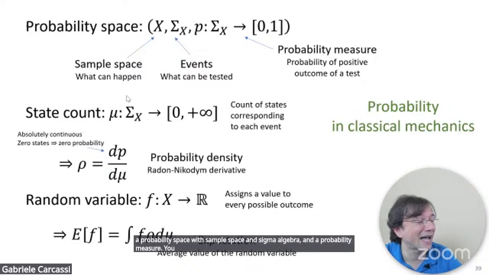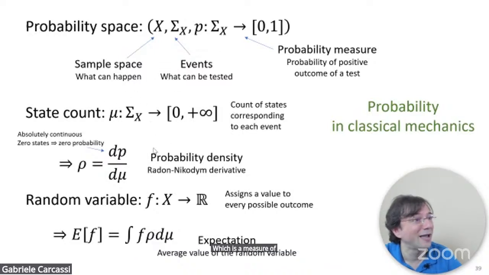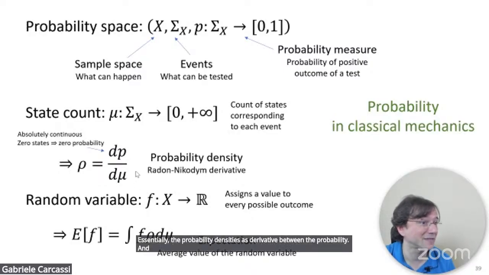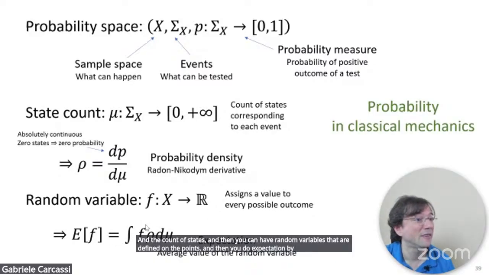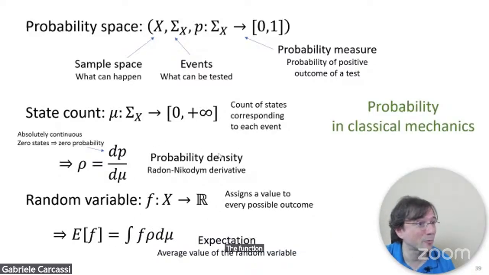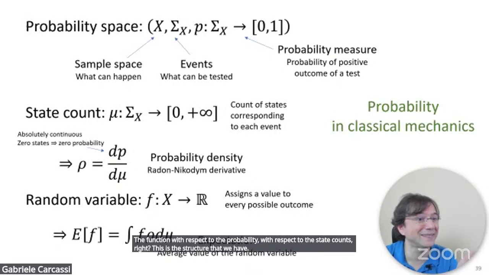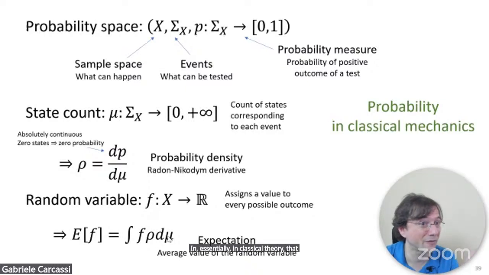You have a state count, which is a measure on the sigma algebra, and then you can define derivatives, essentially probability densities, as the derivative between the probability and the count of states. And then you can have random variables that are defined on the points, and you compute expectation by integrating the function with respect to the probability, with respect to the state count. This is the structure that we have in classical theory, which is very measure theoretic.